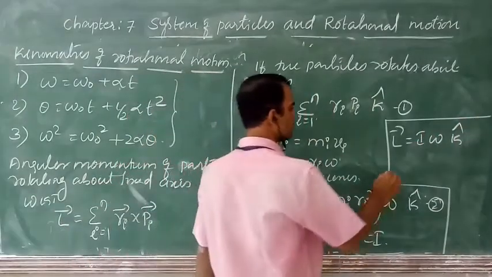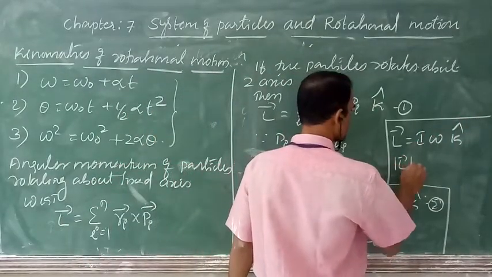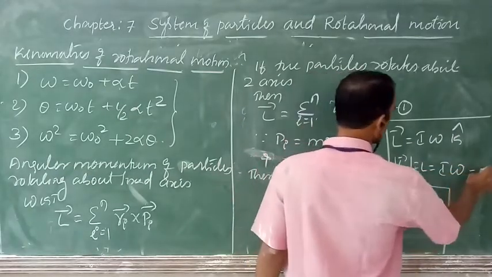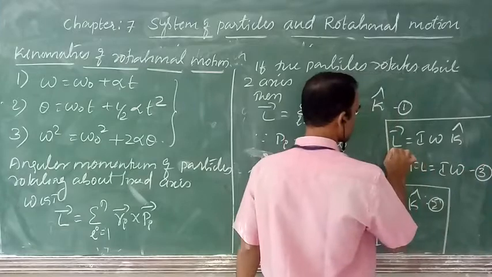So its magnitude, modulus of L, is equal to L, which is equal to I omega. We call this equation 3.